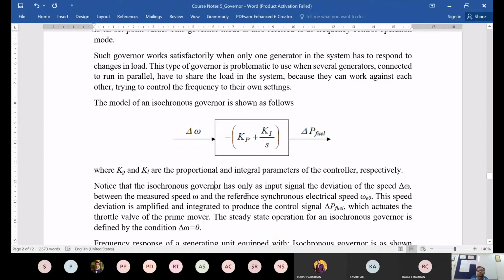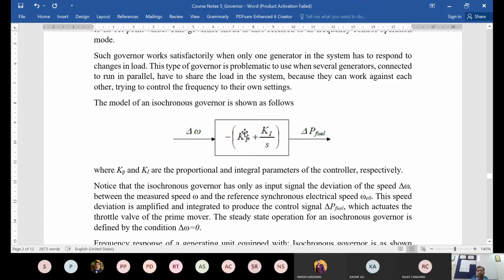So the isochronous governor has only as input signal the deviation of the speed, delta omega. That is the only input, and delta omega is the difference between the measured speed and the reference synchronous electrical speed omega E0. This speed deviation is amplified and integrated to produce the control signal.